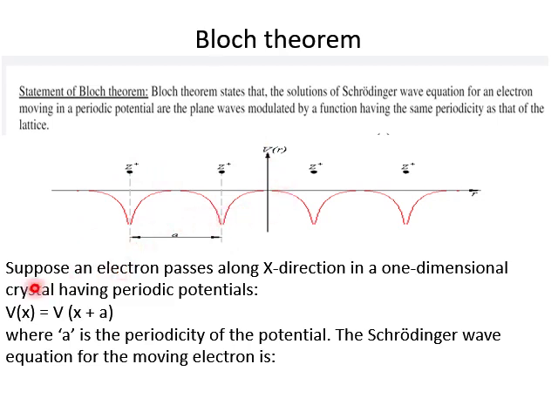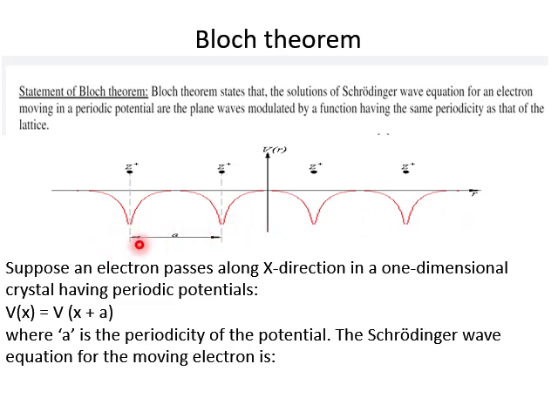Now suppose an electron moves along the x direction in a one dimensional crystal having the periodic potential V(x) = V(x + a). Suppose your electron is here, the position of this potential well is x, and the electron is moving in the x direction.